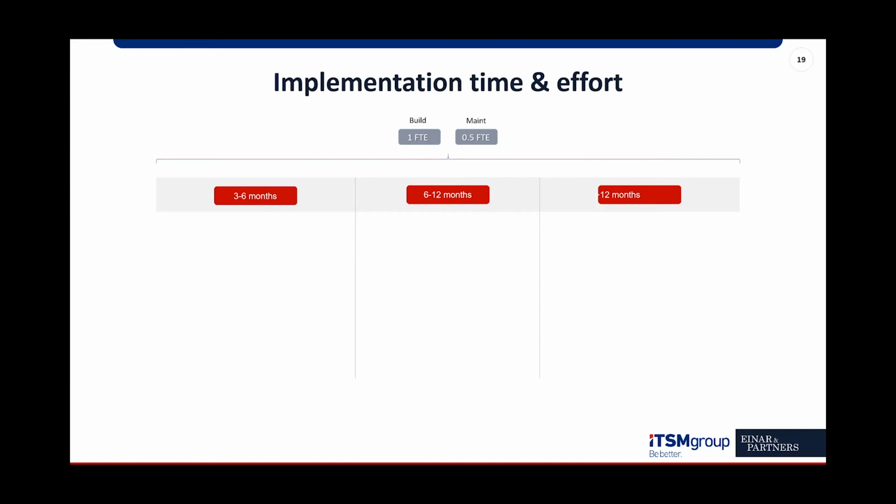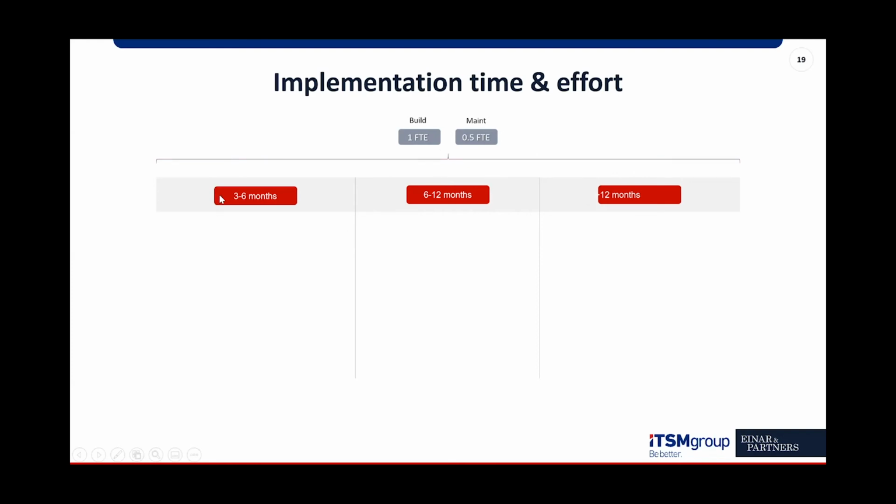Then it's up to you whether you want to outsource that to a consultant or educate and enable someone internally. And then during maintenance, when you need to maintain all of this in the future, that is typically half an FTE, especially in service mapping.